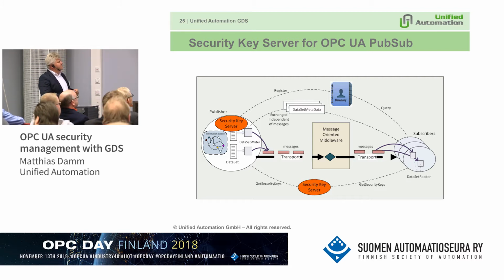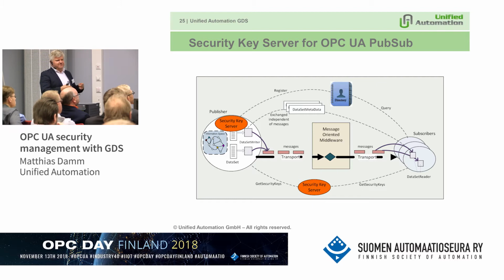In OPC UA PubSub, we have a concept of a key server that hands out session keys for the PubSub communication. That allows sharing a key between several subscribers, but potentially also between several publishers in a so-called security group, which is the security context for PubSub messages.